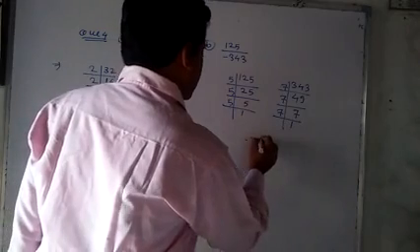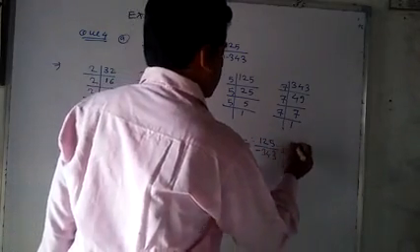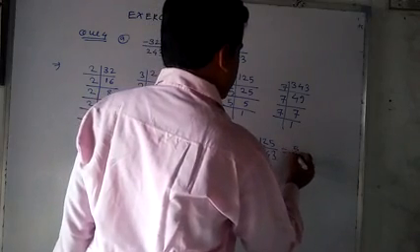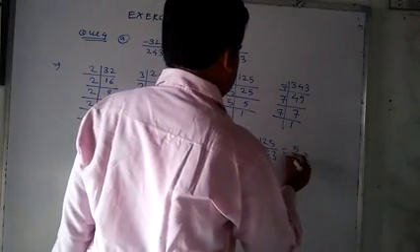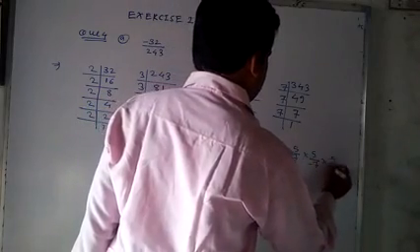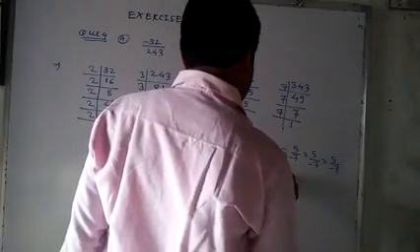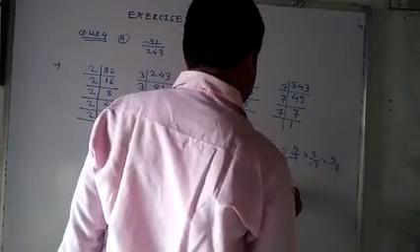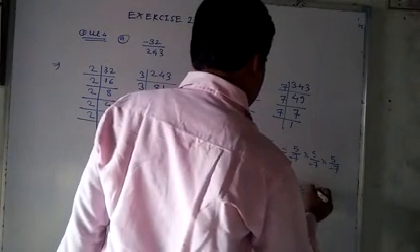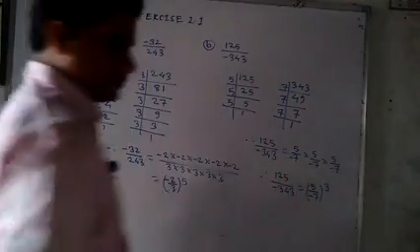Means 125 upon minus 343 means 5 by 7 into 5 by 7 into 5 by 7, minus is to minus. Therefore 125 upon minus 343 equal to 5 by minus 7 to the power 3.